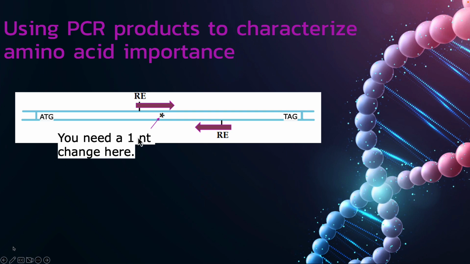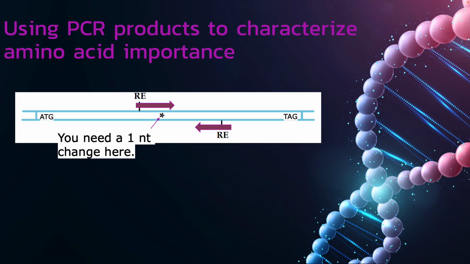Maybe 1, maybe 2, to swap out our amino acid. Remember, there are some amino acids where multiple codons, so multiple 3 nucleotide reading frames, will give us the same amino acid. So in that case, maybe we'd have to change out 2 nucleotides in order to swap out the amino acid.